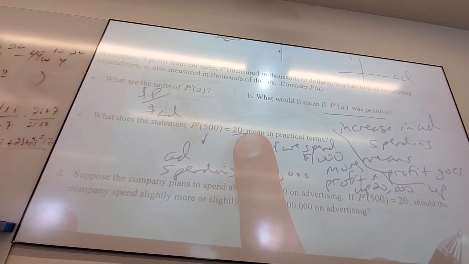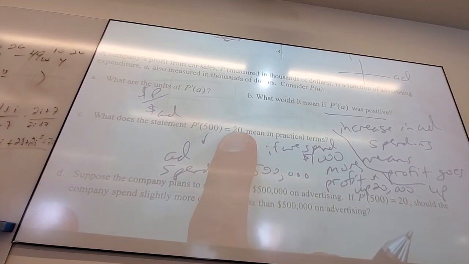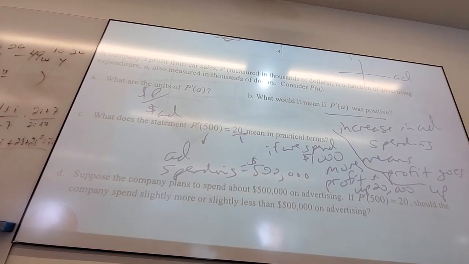Are you with me? Yes. So if the slope would have been 5, with $1,000 more spending, I would predict the profit would go up by 5,000. What if this was negative 10? We'd lose 10,000 for every 1,000 more in advertising. So that's when we would actually pull some money out of advertising, maybe. You guys see what I'm saying?